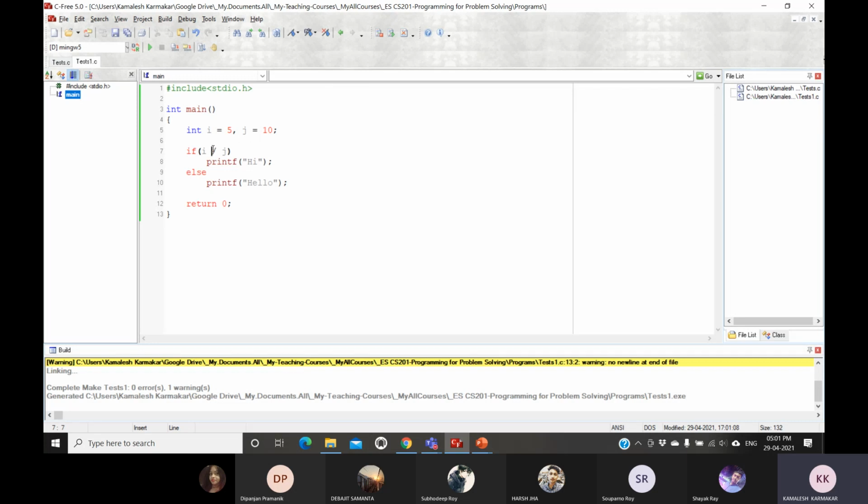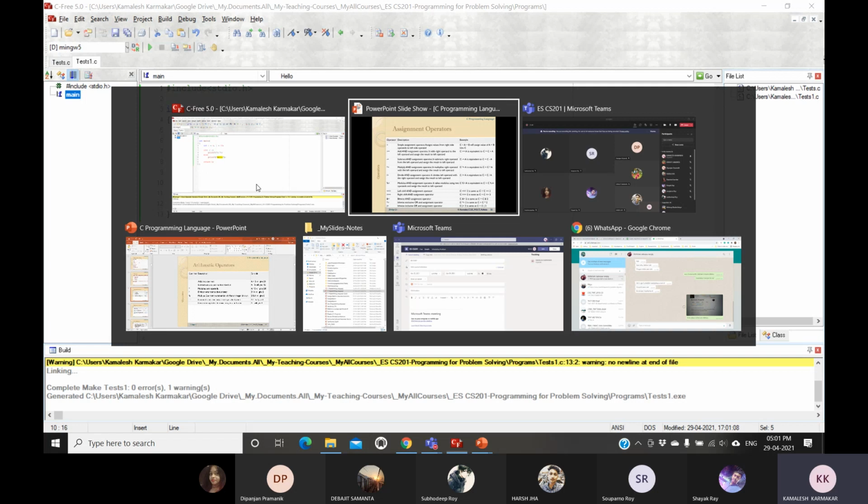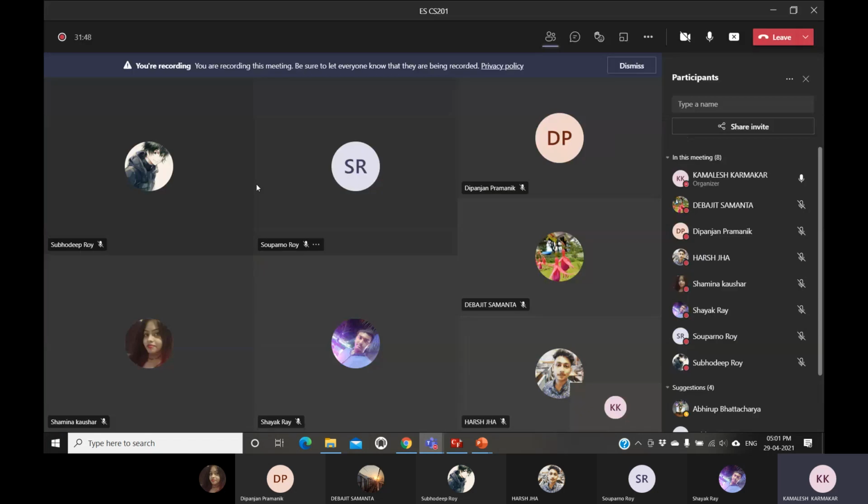So if this value is 0, the condition is false, it will go to the else statement and print hello. Is there any confusion? No, sir.